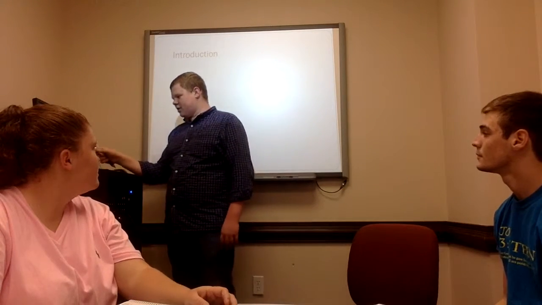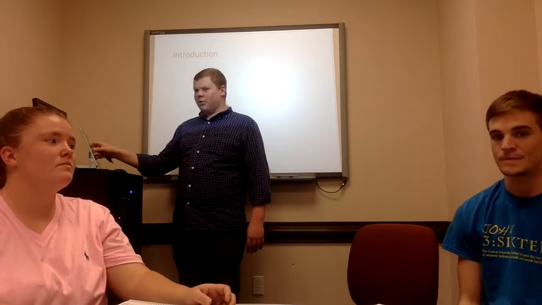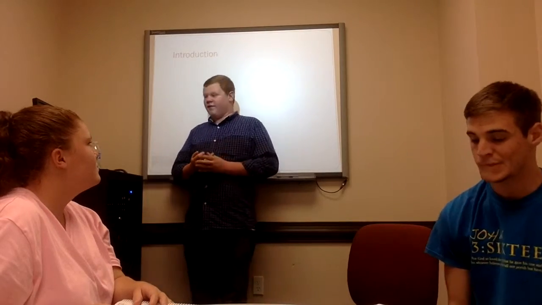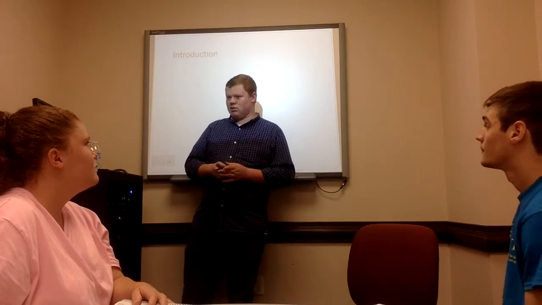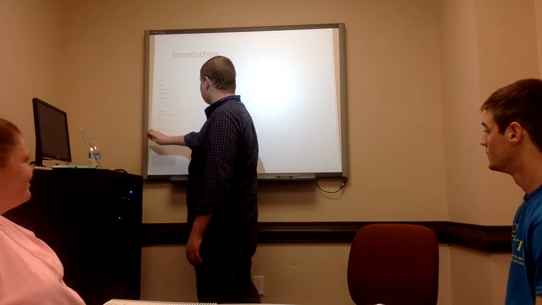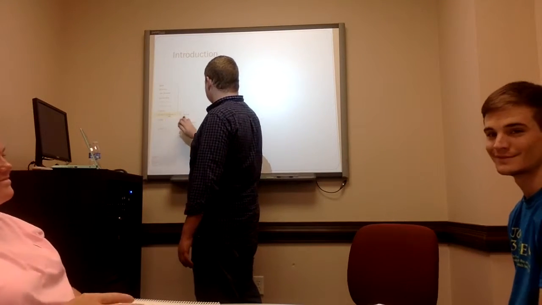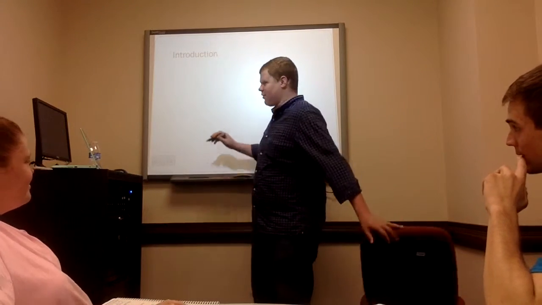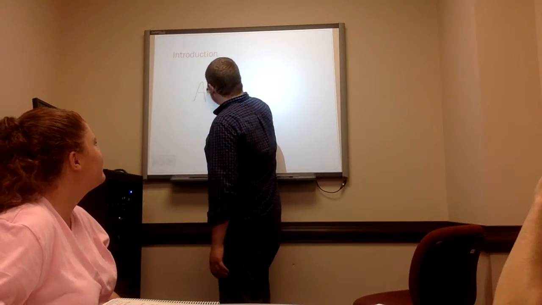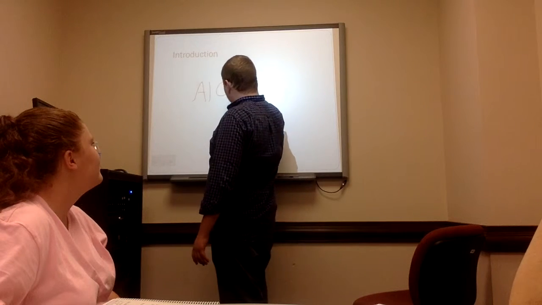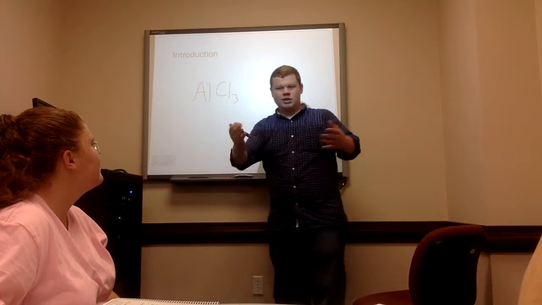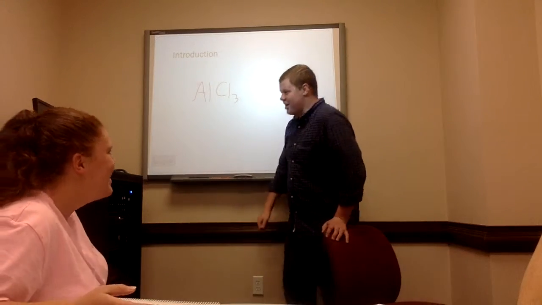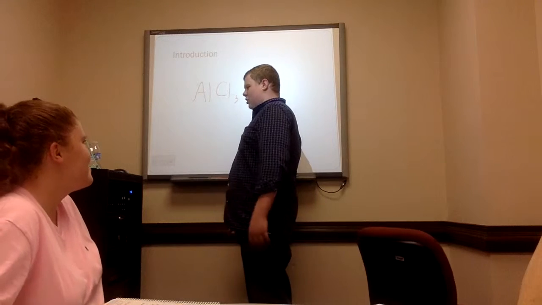So first off, introduction-wise, what we need to know. Elements combine in fixed ratios to form compounds. So, for example, if you look at the compound AlCl3, which is, class, chloride, yes, good job, aluminum chloride.